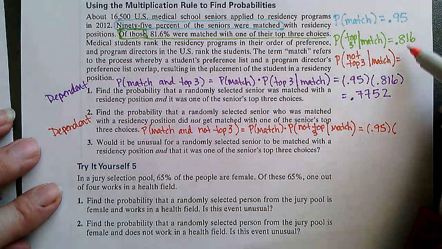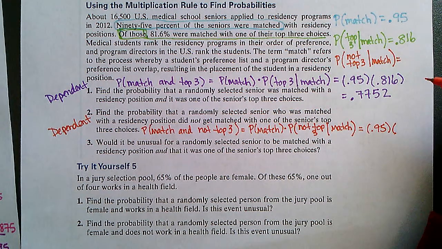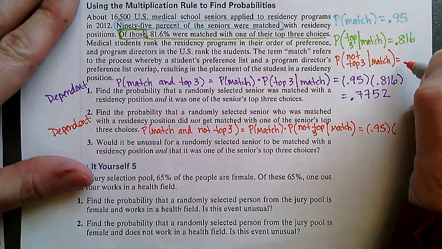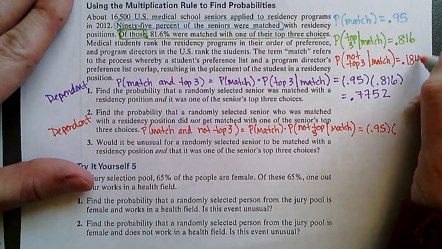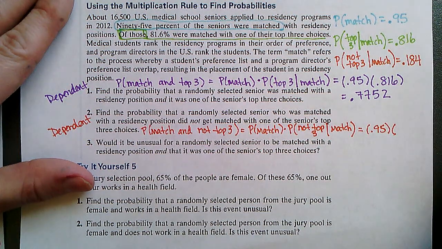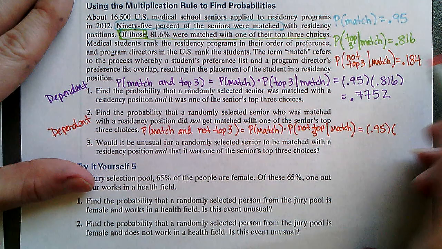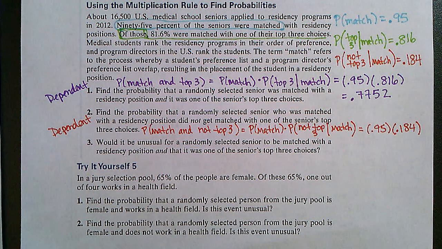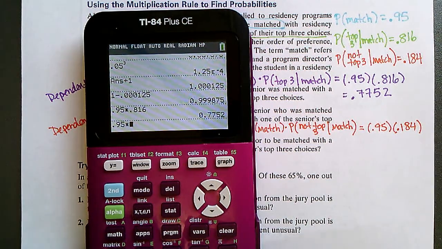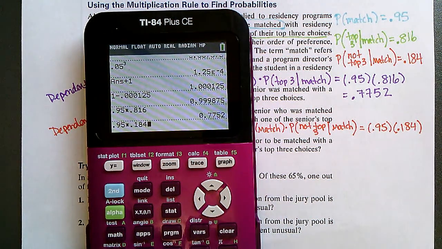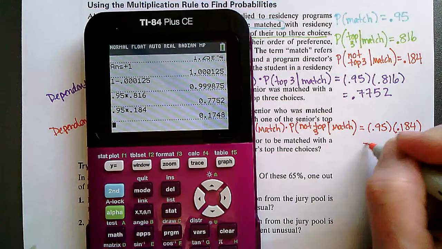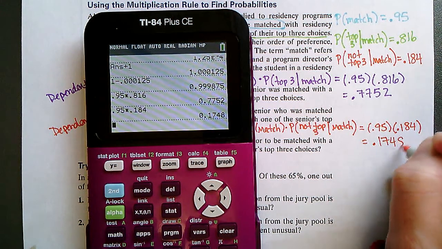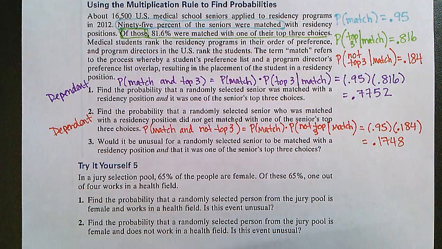So instead of the 81.6% that did get their top 3, there will be 18.4% who did not get a top 3. So that'll be 0.184 for that probability. So then we need 0.95 times 0.184, which would be 0.1748 or 0.175 by our round-off rule.